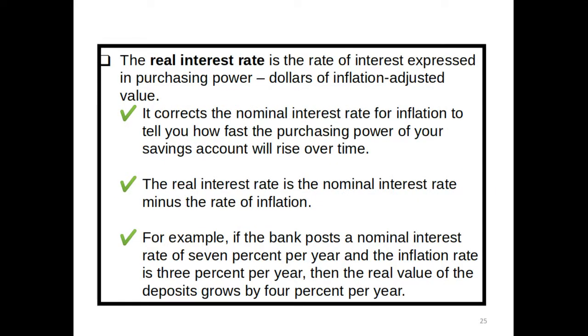The real interest rate is the rate of interest expressed in purchasing power, so dollars of inflation-adjusted value. To correct nominal for inflation gives us the real interest rate, and that's going to be nominal interest rate minus the rate of inflation. So if the bank says you've got a nominal interest rate of 7% and inflation's 3%, actually, your deposit will grow at about 4% per year.